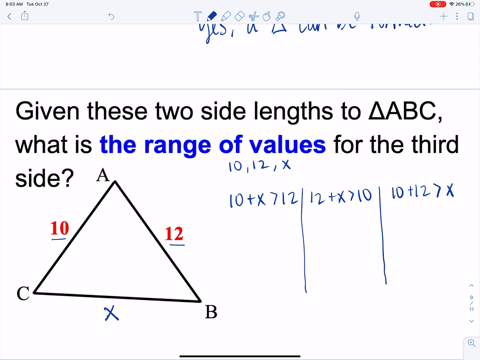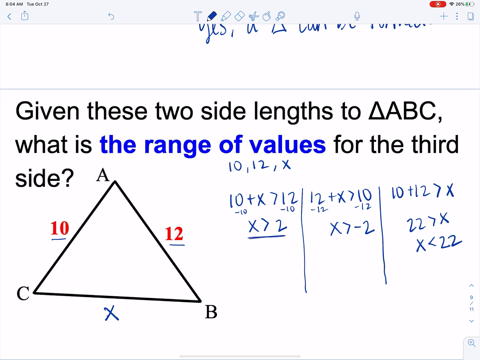When I solve each of these, I get x has to be greater than 2, x has to be greater than negative 2, and 22 has to be greater than x. Or another way to think of this is x has to be less than 22.